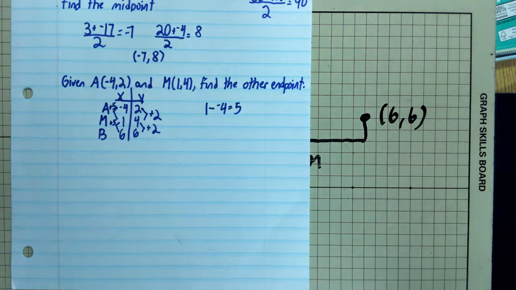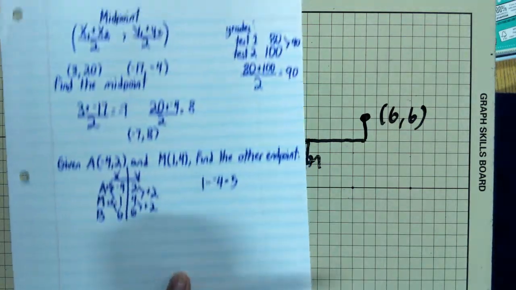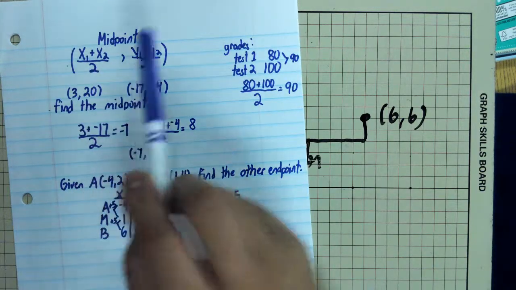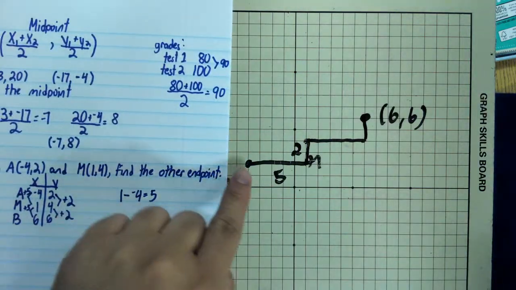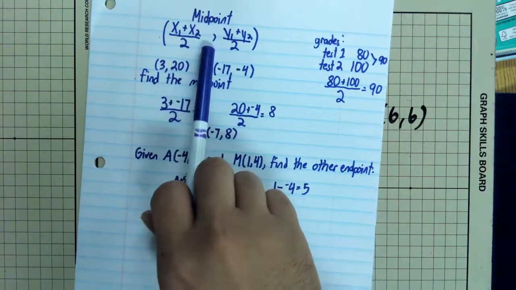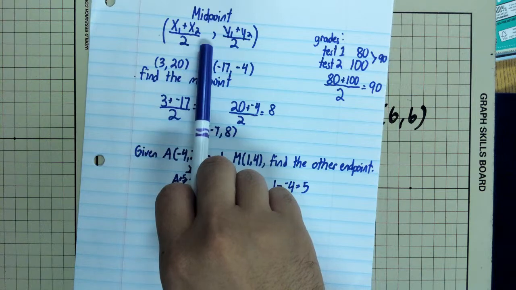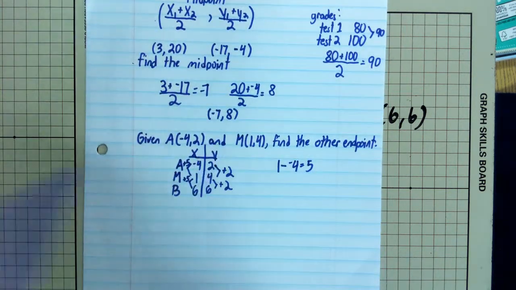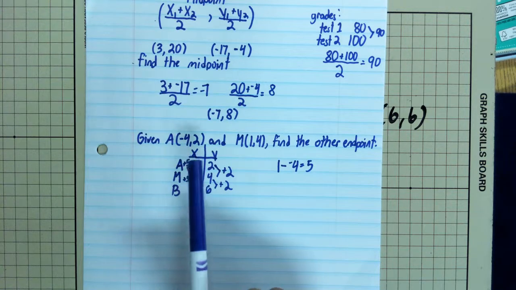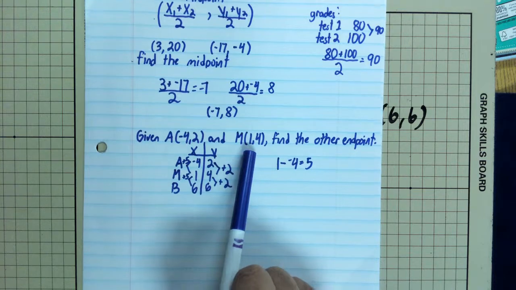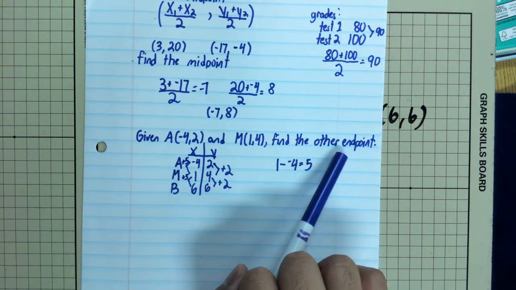Alright, so key things for midpoint. One, if you have 2 endpoints, that means this end and this end, you can use the formula to find the midpoint. I would suggest to use the formula. If what you have is one endpoint and the midpoint, then you're being asked to find the other endpoint.